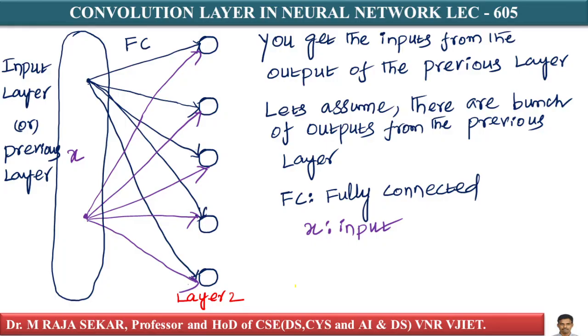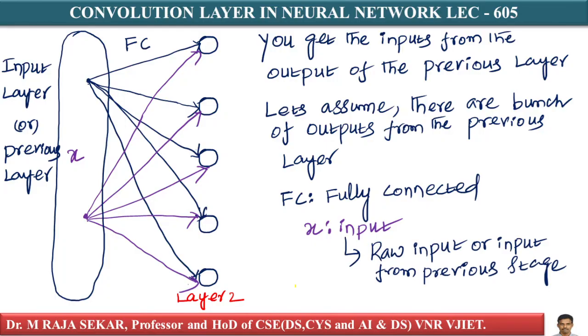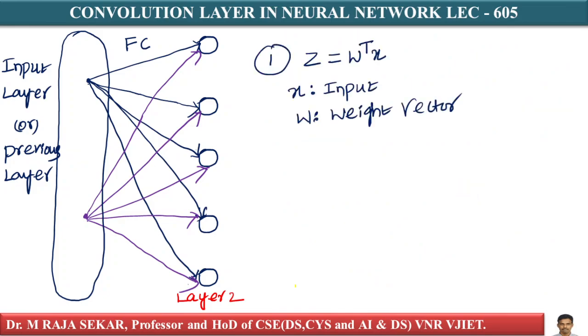My first step is, given all these inputs, let's call the input X. Whatever the input, whether raw input or input from a previous stage, we have a bunch of weights corresponding to each neuron. We compute Z as W transpose X. Z is defined as W transpose X.